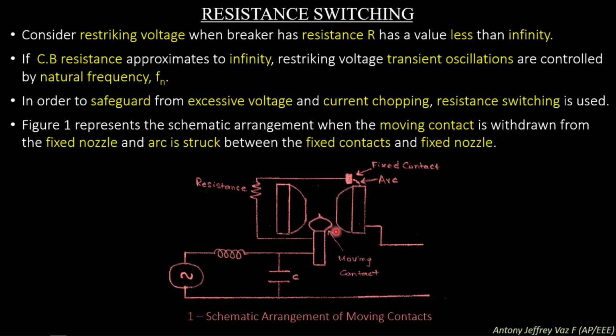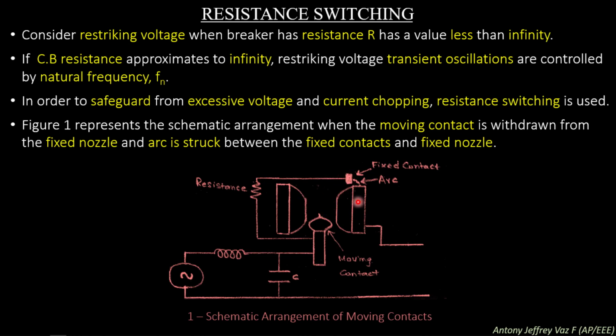In this figure, you can see a generator feeding a long transmission line through a bus bar, and this long transmission line and the bus bar have an inductance and a capacitance which are lumped in the circuit here. After that, you are seeing a moving contact and two fixed contacts and another arcing contact.